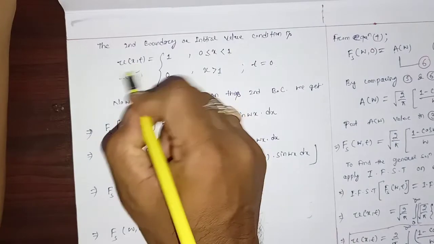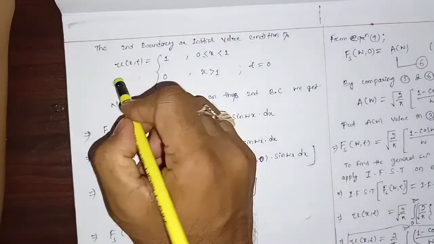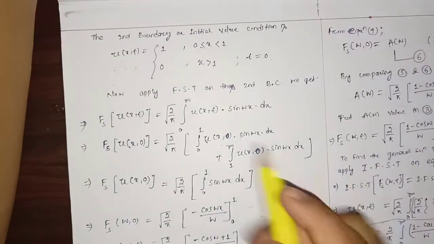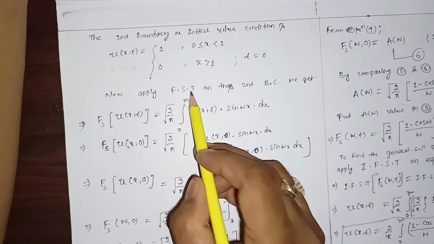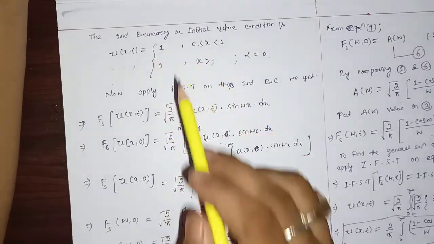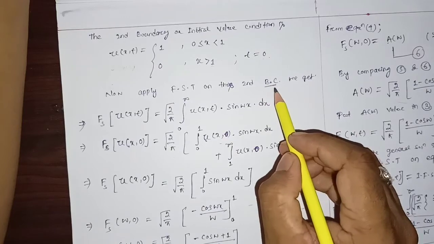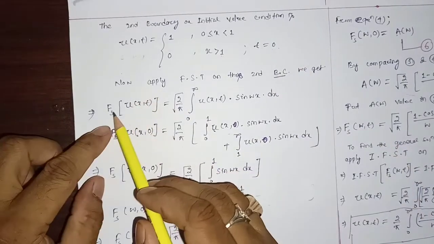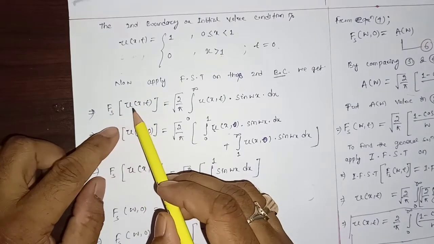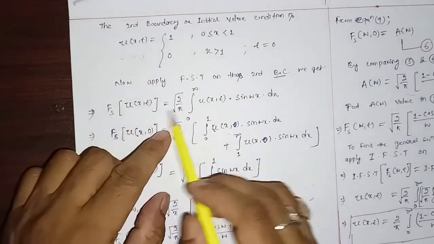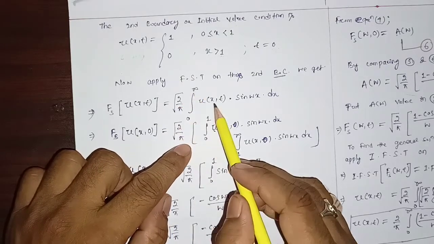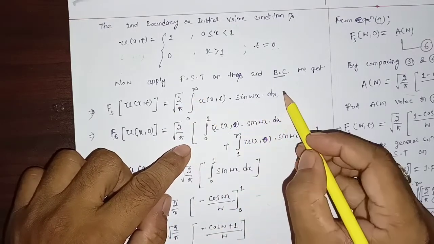Now to find the constant value a omega, we have to apply the Fourier sine transform again on this second boundary condition. In short, I have written second boundary condition as BC. Fourier sine transform applied over this u(x,t) is normally written as root of 2 by pi, integral 0 to infinity, u(x,t) sine omega x dx, that we know.